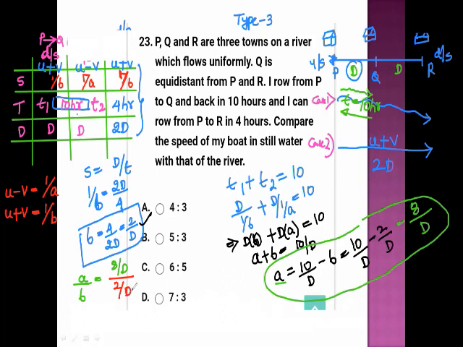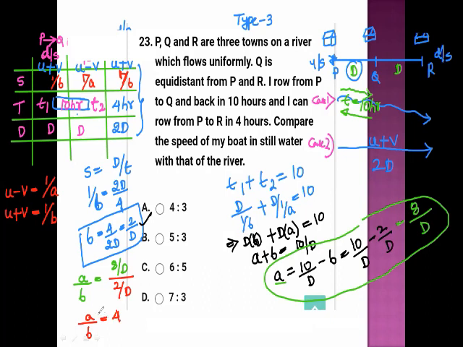So then what will a by b become? d and d will get cancelled, it will become 4. So a by b will become 4.